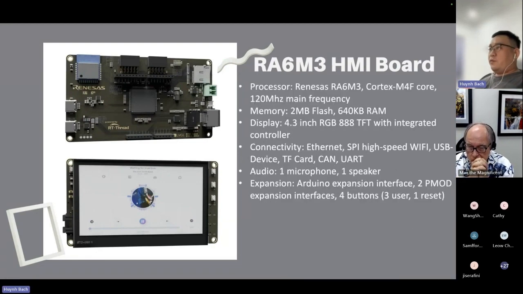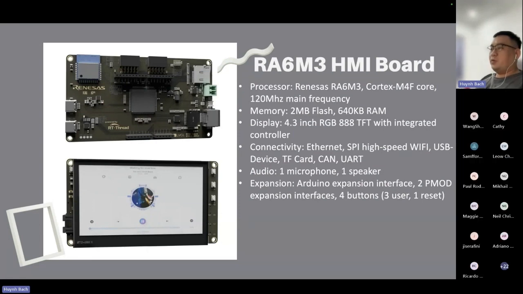So I can show some features from the dashboard about this one. You can see from the screen the processor, memory, display, and connectivity. Here I will focus on the display screen with touch screen and the UART for transmitting the signal.